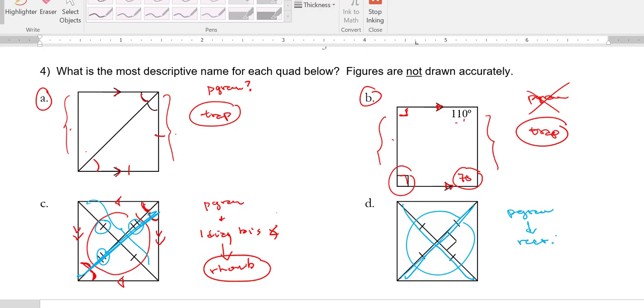And I can see that both diagonals are perpendicular bisectors of each other. And that's one of the ways of getting to a rhombus. So I know that this is also a rhombus. And if I know that it's a rectangle and a rhombus, that means that this figure has to be a square.